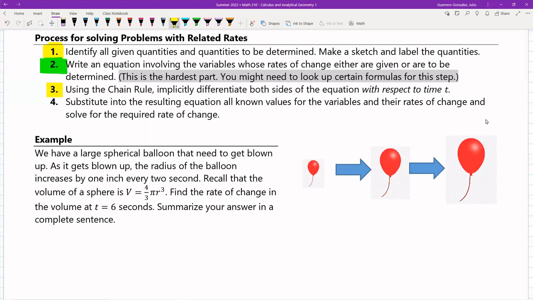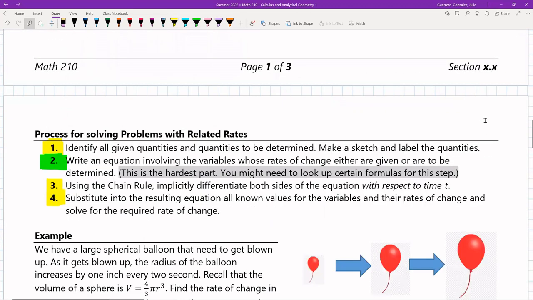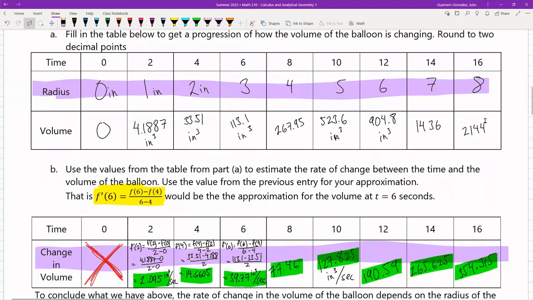So step four is the easier part of it all. Now let me go back and point out how to identify stuff. Thankfully, we've already got all the variables set up.